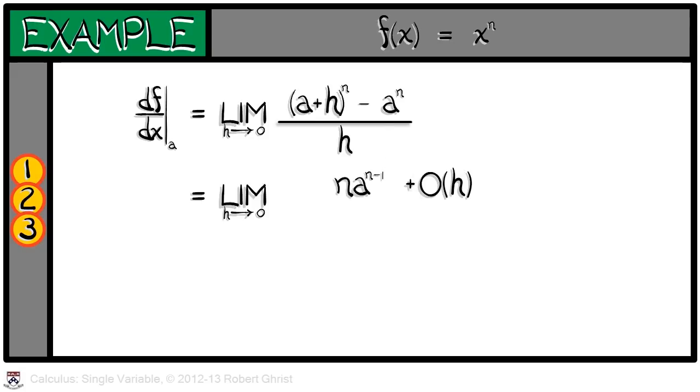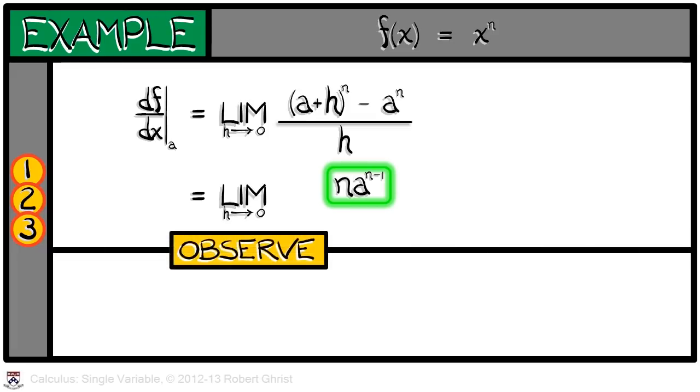We can factor that, cancel with the denominator, and we obtain the limit as h goes to 0 of n times a to the n minus 1 plus some terms that are in big O of h, so that as h goes to 0, they vanish, and we are left with the familiar computation of the derivative of x to the n at a.